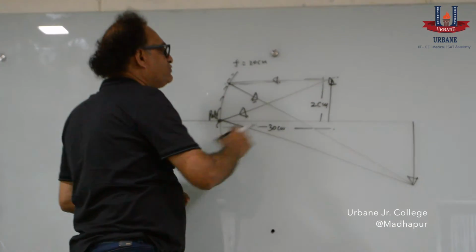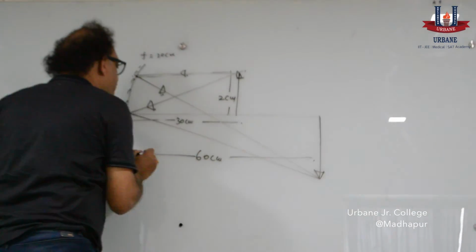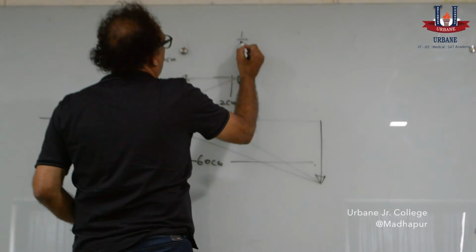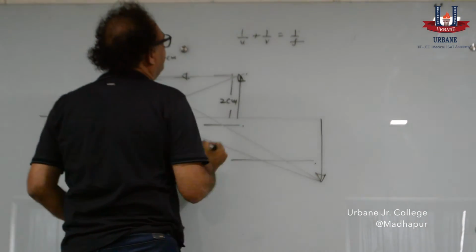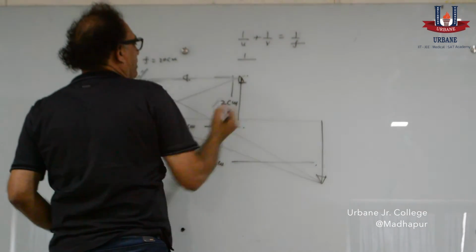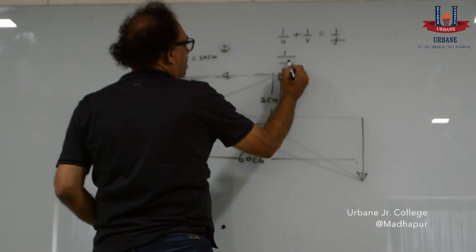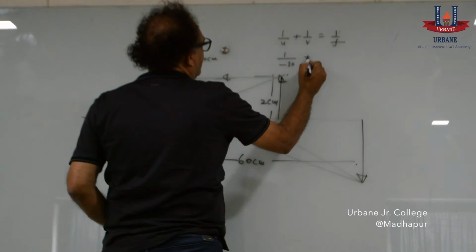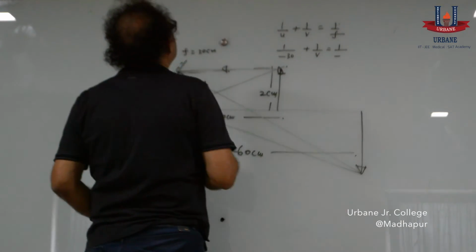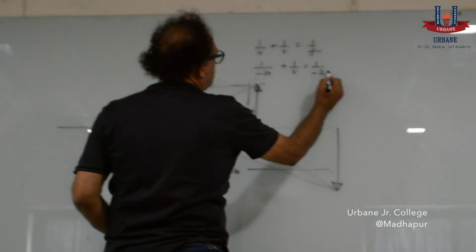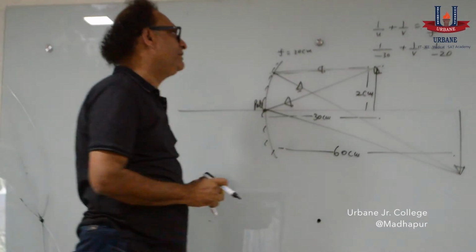So the image is formed from the basic relation 1 by u plus 1 by v is 1 by f. 1 by u, because the object is kept at 30 centimeters, you call it as minus 30. You have no clue about the image distance, and f is called as minus 20 because the focal length of a concave mirror is negative.